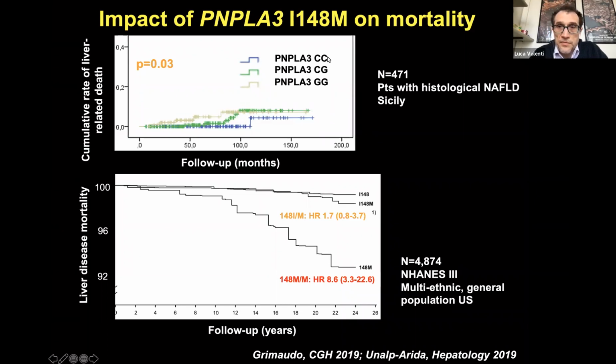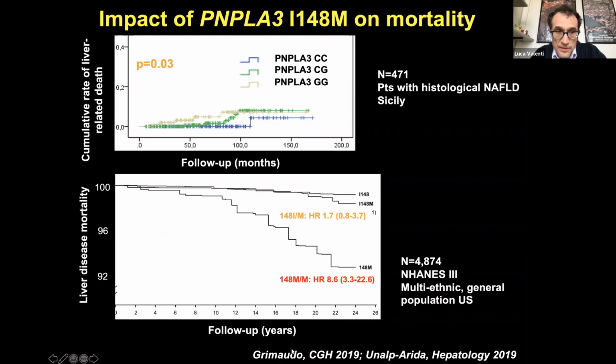You can see here data from an Italian cohort study of patients with NAFLD in Sicily from the group of Salvo Petta. You can see here that the number of at-risk alleles in PNPLA3 was associated with an increased risk of mortality related to liver events in patients with NAFLD, and carriage of this genetic risk variant was associated with mortality for liver disease in the NHANES study in the US population.